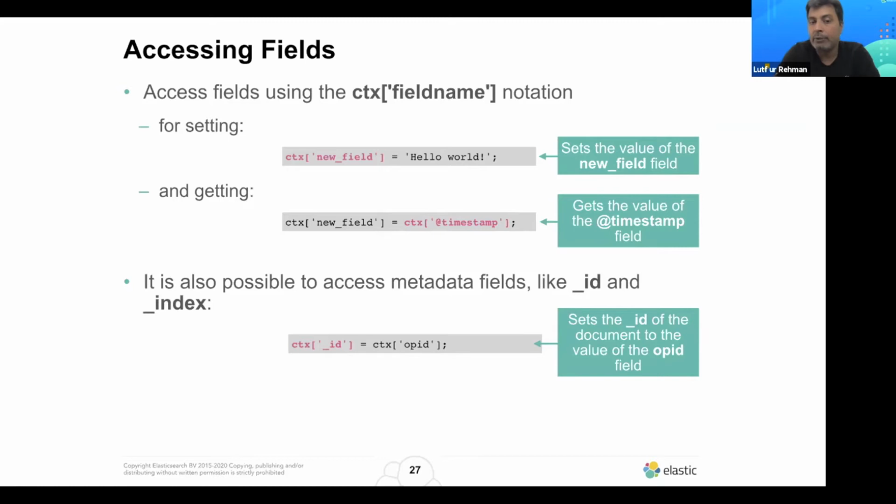If you would like to get the value from another field while you're setting that value, you can look at the syntax in the second example, which is ctx new_field equals, again the same syntax, to get the value from the timestamp field. So you can provide a static value, the value you like, or you can pick up a value from another field as well. It's also possible to access metadata fields, like ID and index name.